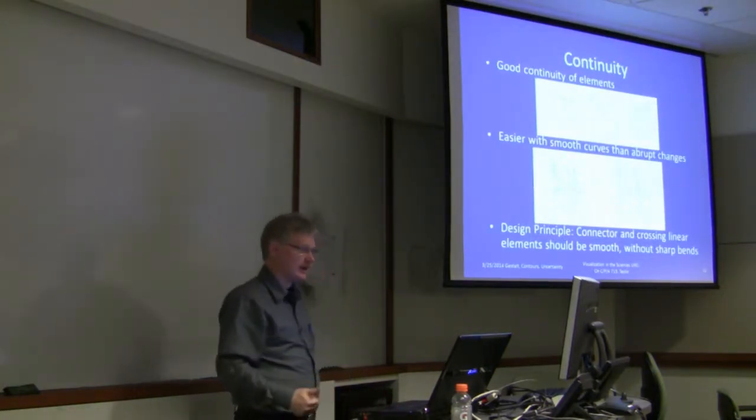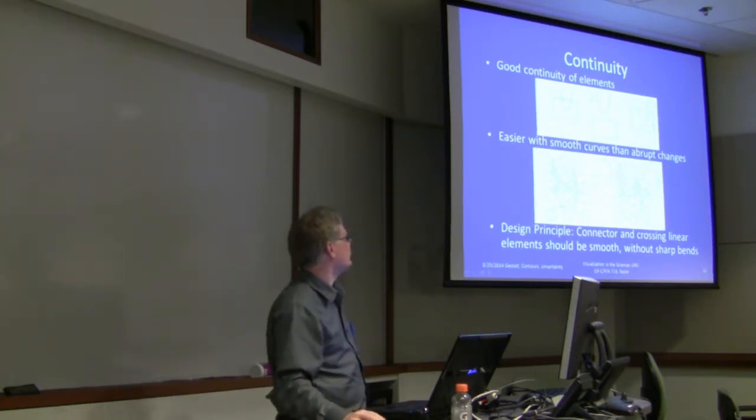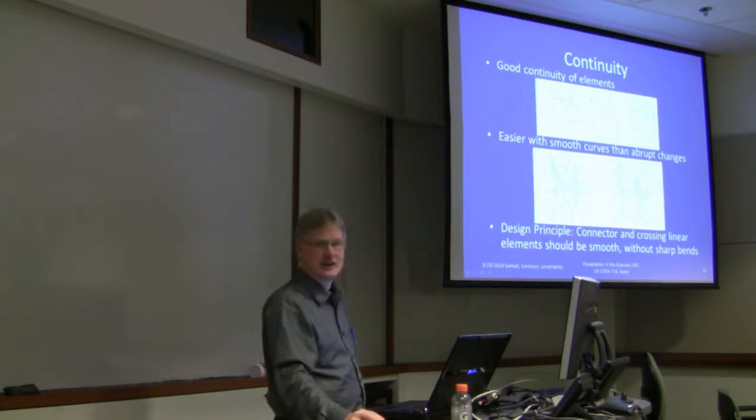All right, so continuity, we expect objects to be continuous. And so again, the question is which shape is this? And we expect it to be the middle shape, not the right shape, because these are more continuous curves, and this has these two catastrophic discontinuities.